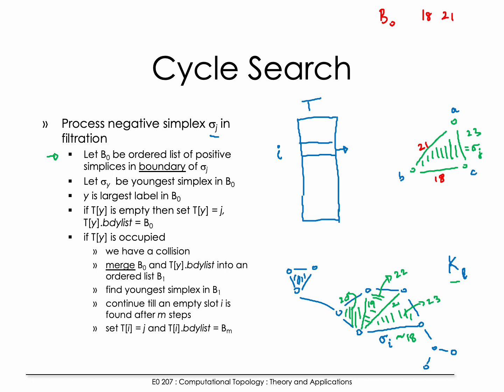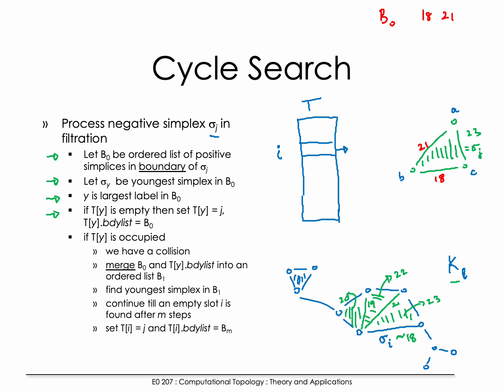So I have b sub 0 has 18 and 21, right? And I want sigma sub y to represent the youngest simplex in b sub 0. Youngest means the one that was inserted last, which means 21, right? So 21 is sigma sub y, the youngest. Naturally y is the largest label, hence 21. We go and look at the entry for y in the array.